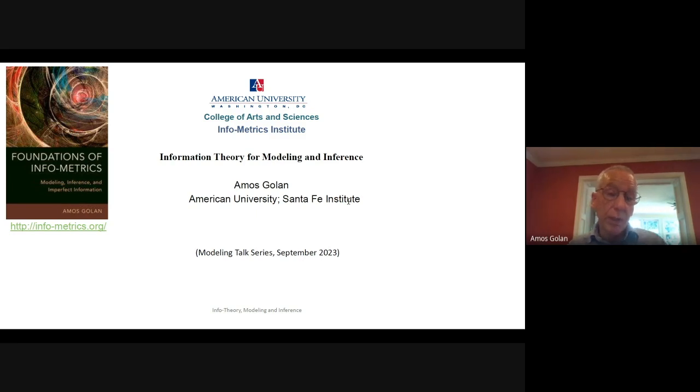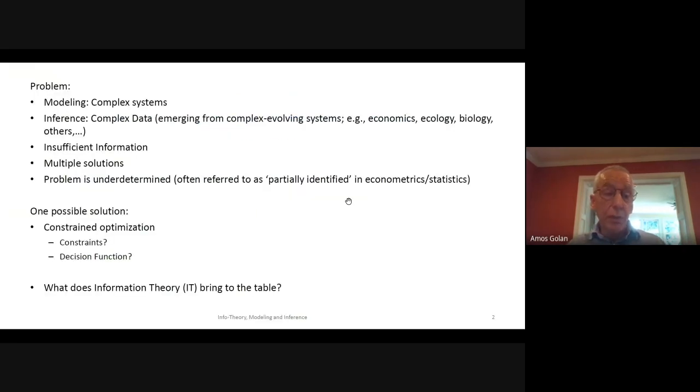Again, I want to present the basic theory via a very simple example, but I think it captures everything that we want to talk about. So the basic idea is we want to model. The systems that we usually want to model are complex systems. I mean, life is nonlinear. Data are nonlinear, so we have to take it into account.